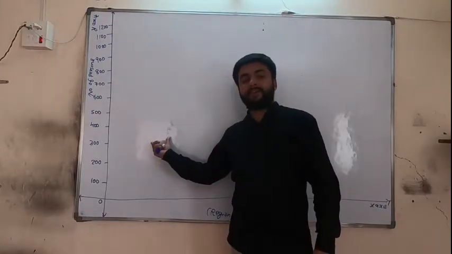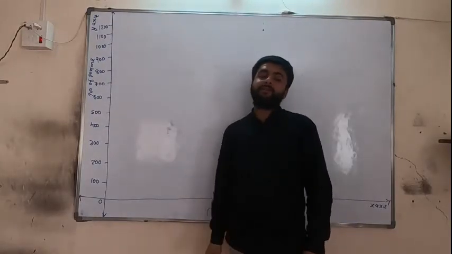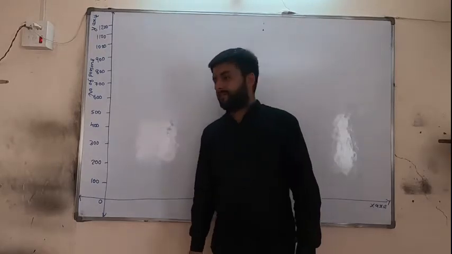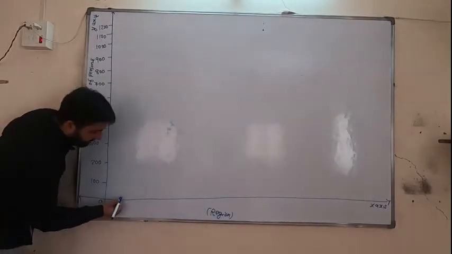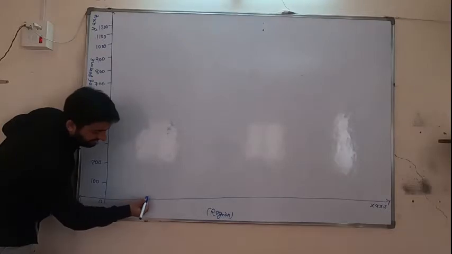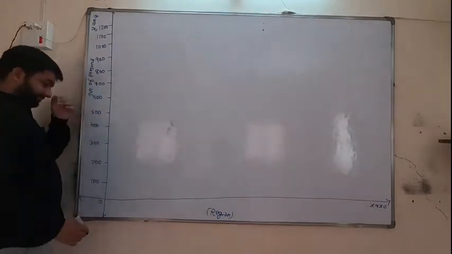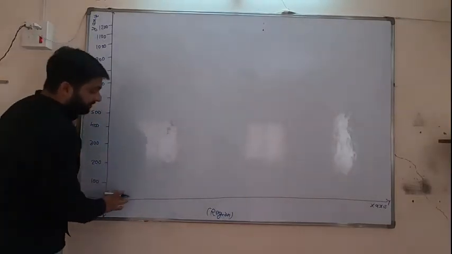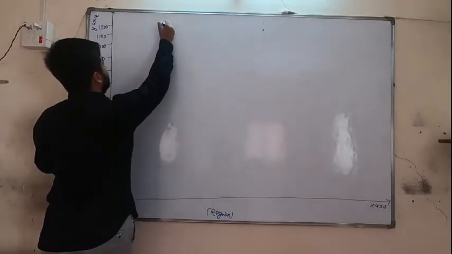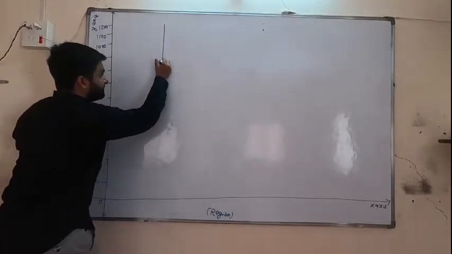Not simply a bar of 1 centimeter. Here we will draw a bar of 3 centimeters. So what you will do? Not the first box, not the second, directly at the third. So you will leave 3 boxes and you will draw a bar.